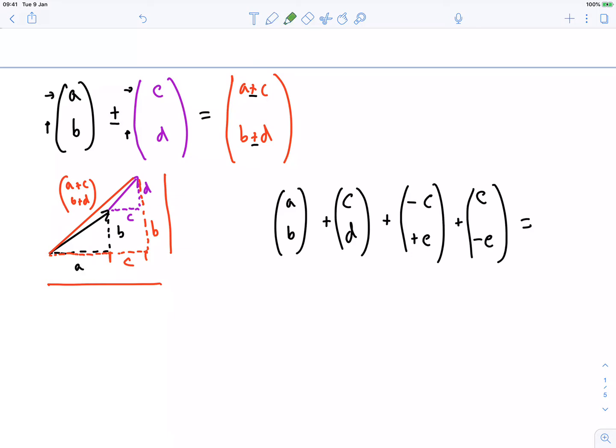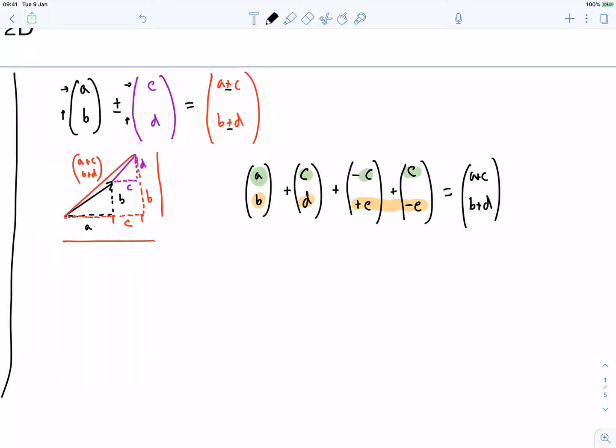Well, you've got an A there, the C and minus C would cancel, you've got another C there, so you're just going to be left with A plus C. And on the bottom, you've got a B there, the E and minus E cancel, and you've got D, so it's B plus D. Oh, hold on a minute, what's going on here?